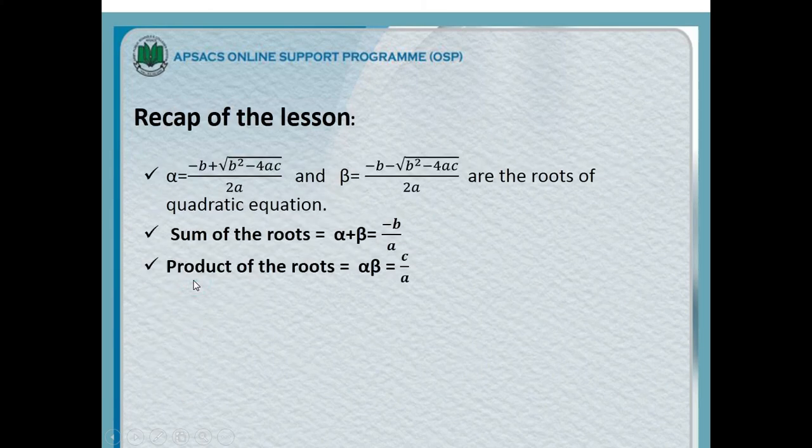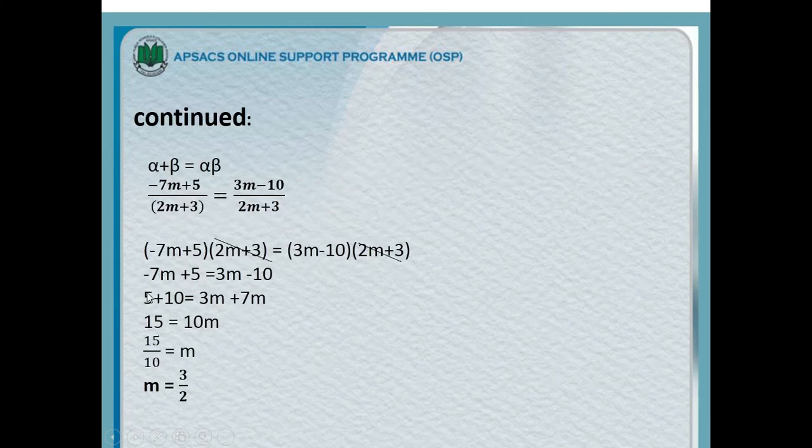Now by shifting minus 7m to the right side and minus 10 to the left hand side, we get the equation 15 is equal to 10m, and by cross multiplying and cancellation we get the value of m, that is equal to 3 upon 2, and this was the required result.